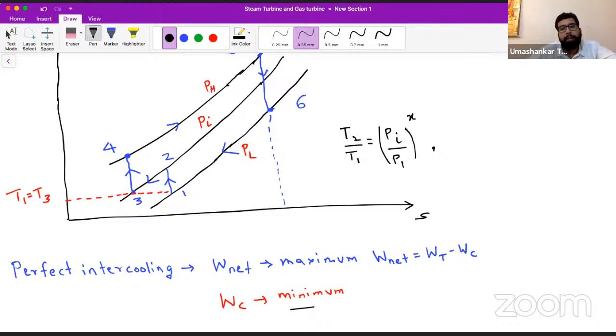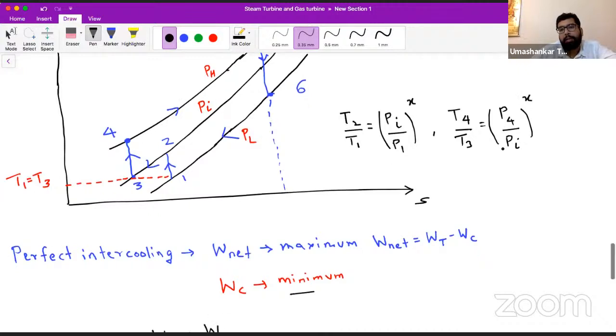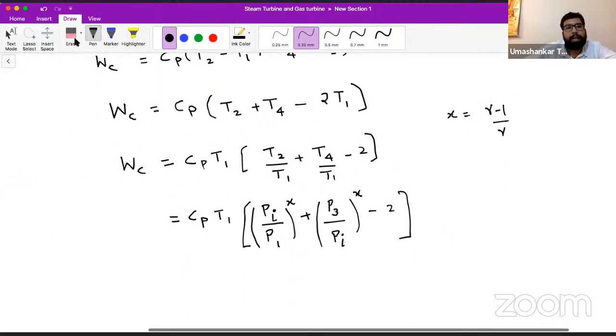And between 4 and 3, T4 by T3, we can write P4 by Pi to the power x. Yes or no? I have used P4, P3, so we have represented it by P4.